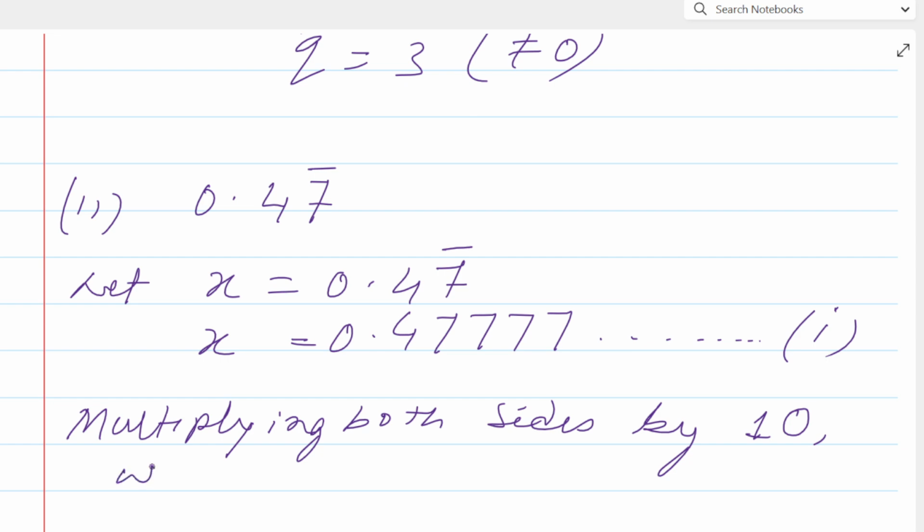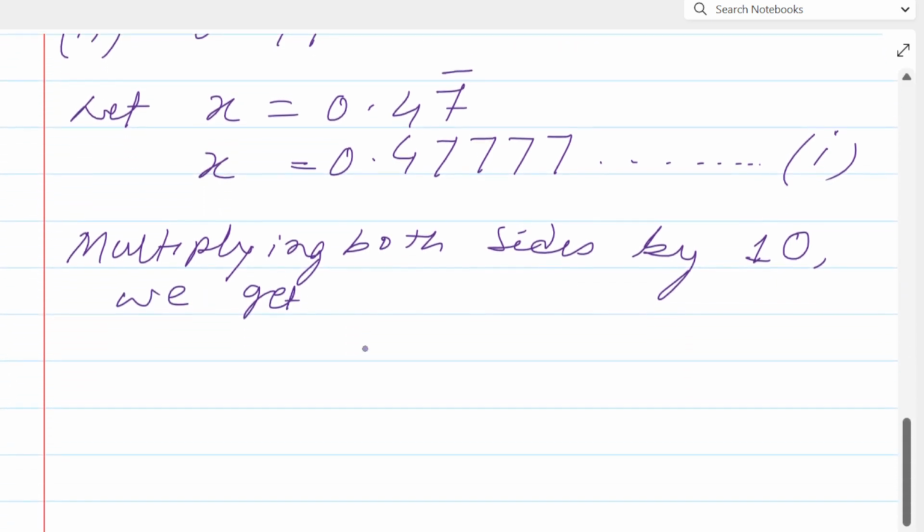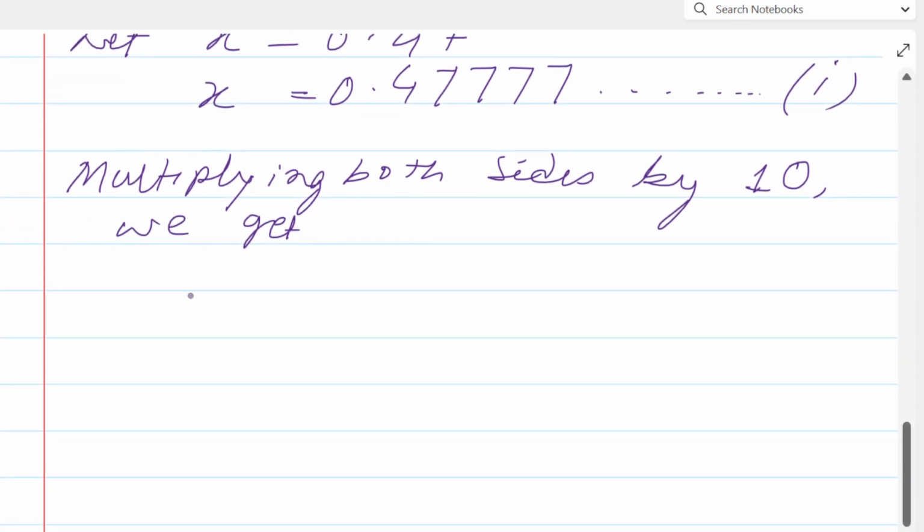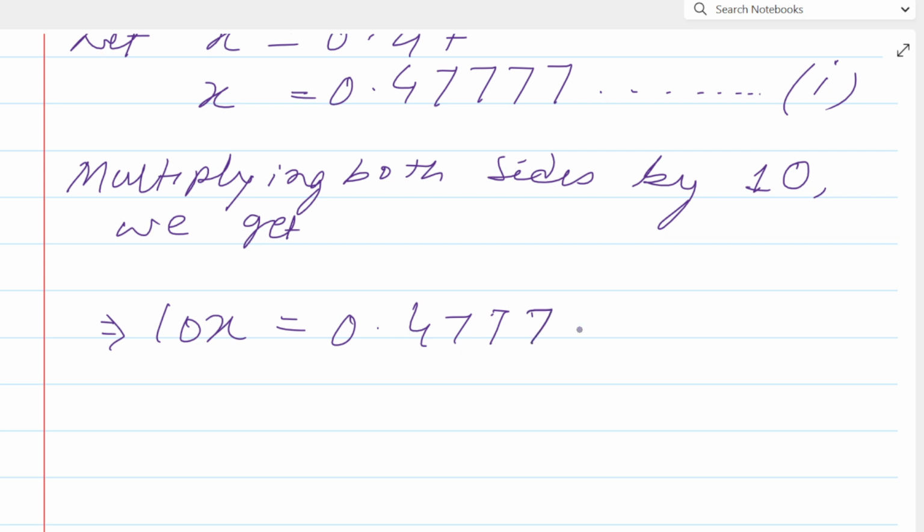We get 10x equals 0.47777... multiplied by 10. As I told you in the last question, if you multiply by 10, the point will go after one digit.